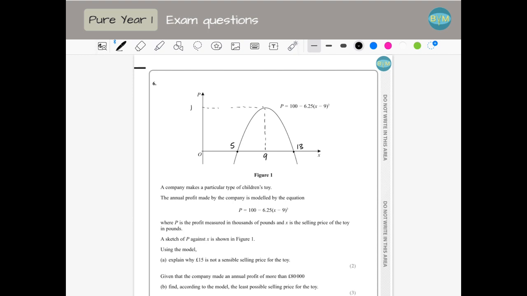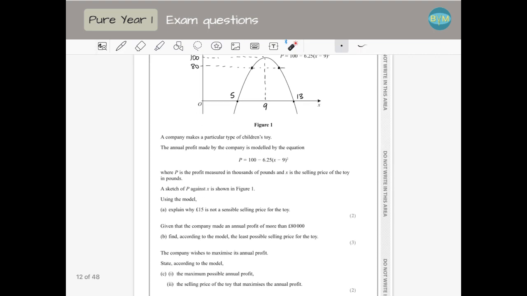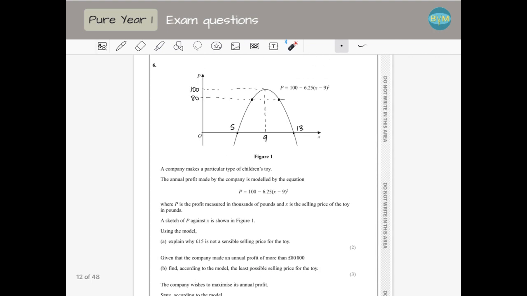That's the maximum profit. They are asking us when the profit is 80, what is the price of the toy? I'm going to have two possible prices, but they say the least possible selling price. So I'm going to find when profit is 80,000, substitute here, find the two values of x, and choose the smallest one.